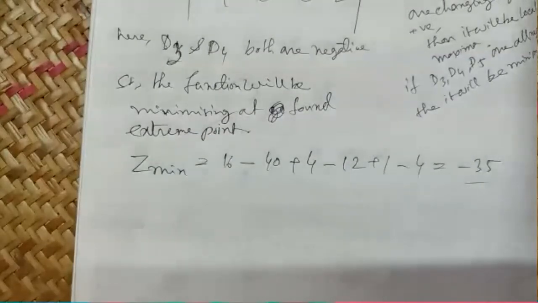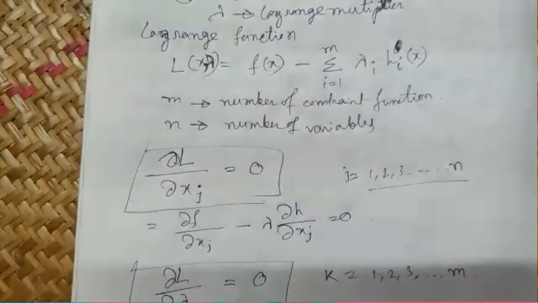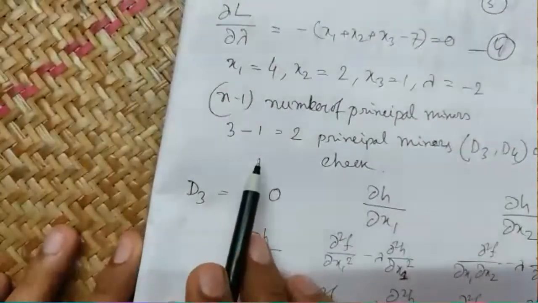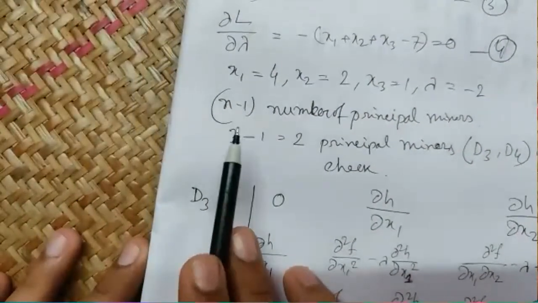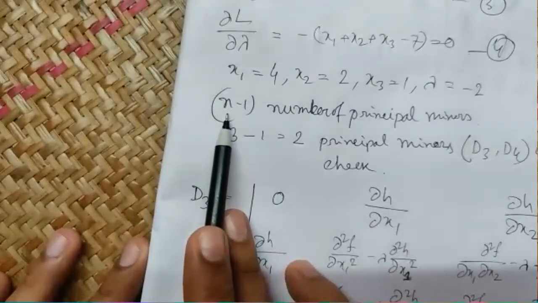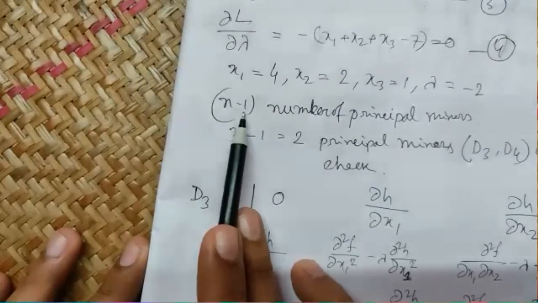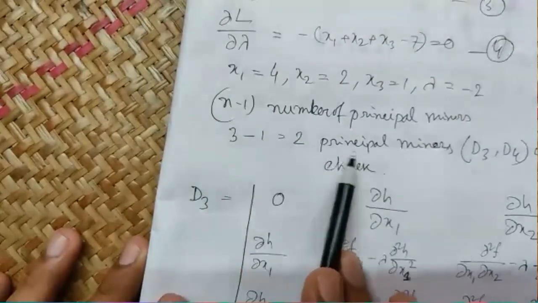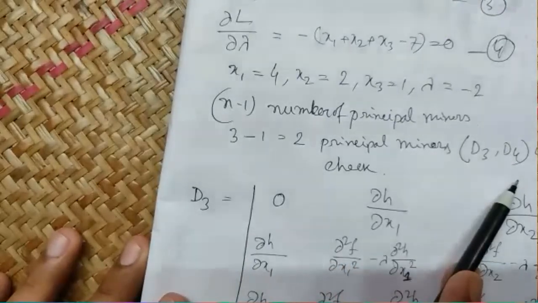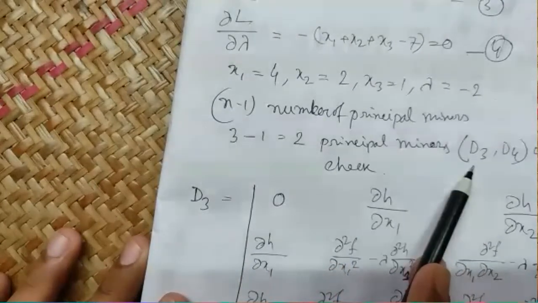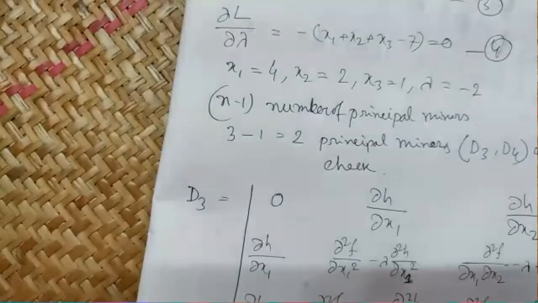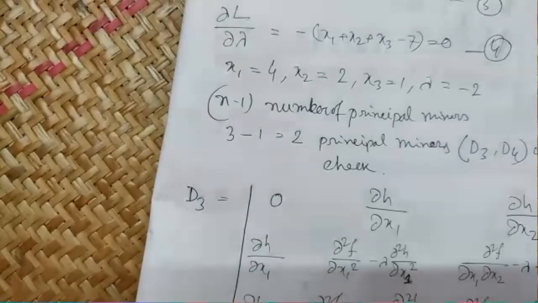Now if it is a two variable problem with one constraint, then in place of n you have to put 2. So 2 minus 1 is 1. So if we find out one principal minor, that will be D3.